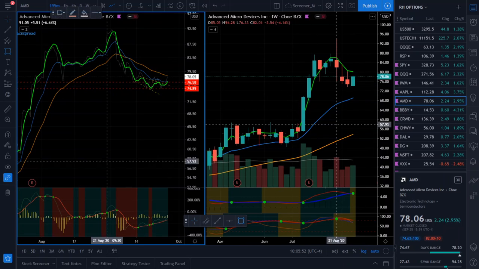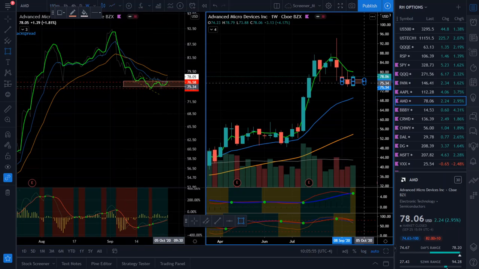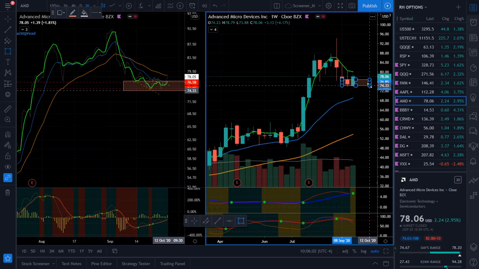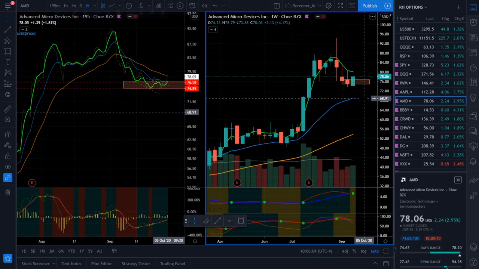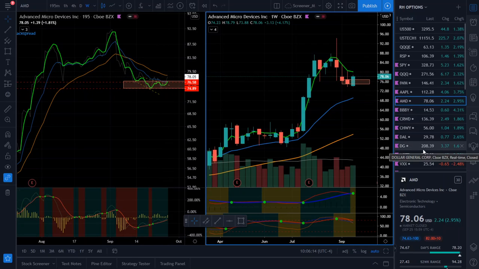So as I said, I look at the weekly charts as well, just to kind of draw where the last week ended, right? So last week it kind of started way below the previous week, and it ended way above it. So this is like an engulfing candle on a weekly, and it looks good for me.